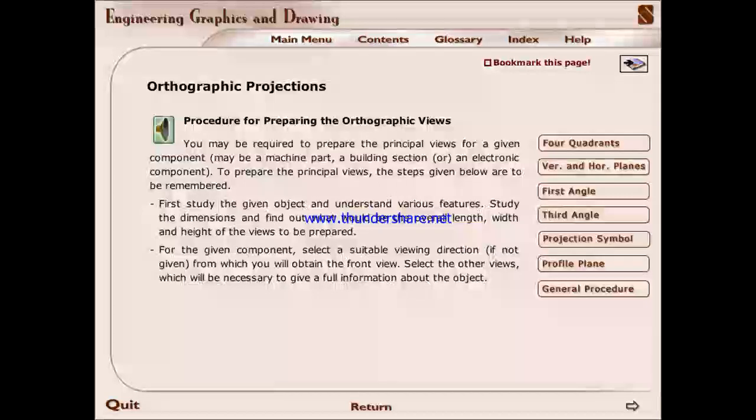To prepare the principal views, the steps given below are to be remembered. First, study the given object and understand its various features. Study the dimensions and find out what would be the overall length, width, and height of the views to be prepared.